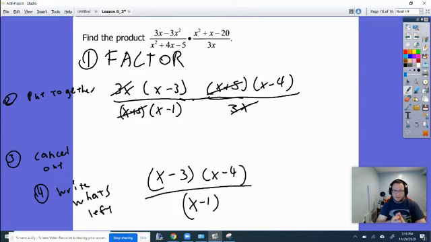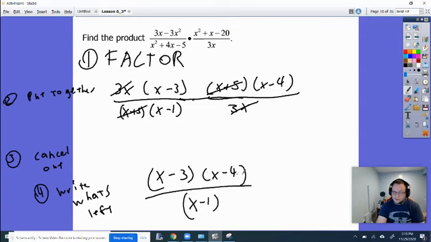Okay, now as an ACT trick and an ACT tip, you may see it where you need to recombine things. You get to this point, you don't see your answer. It's not that you did it wrong, it's that they have it written differently. So you may need to, on that numerator, recombine things.